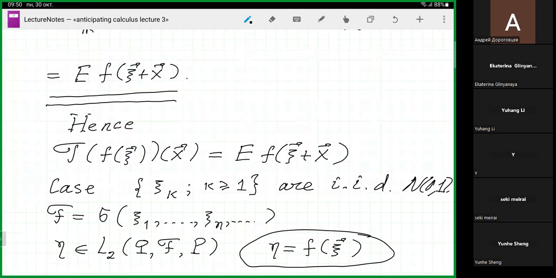In L2 of Rd with the standard Gaussian measure. But now we have no such representation because we have no appropriate space where the sequence lives. Of course, it can be constructed, but let me tell you that it will be inconvenient.